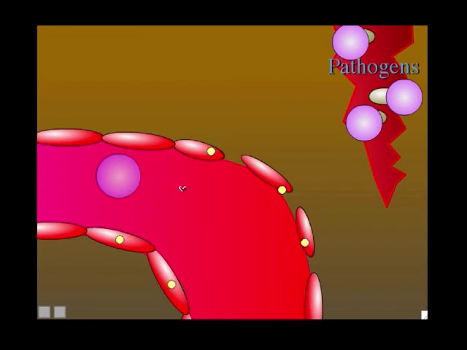And again, this is a general defense. The cells that we're seeing involve the basophils and the phagocytes. They're not specifically against any particular pathogen. They are just general defenses against pathogens.